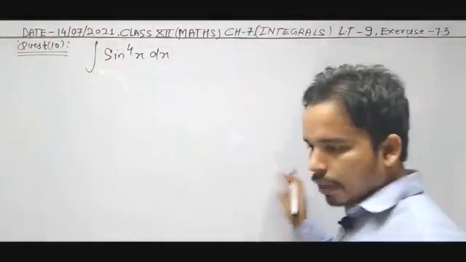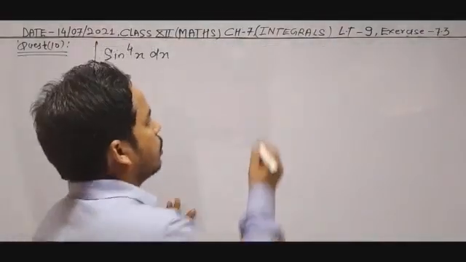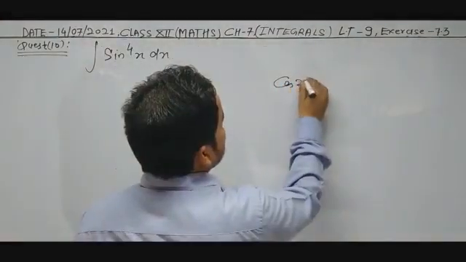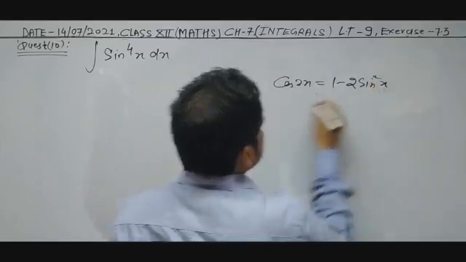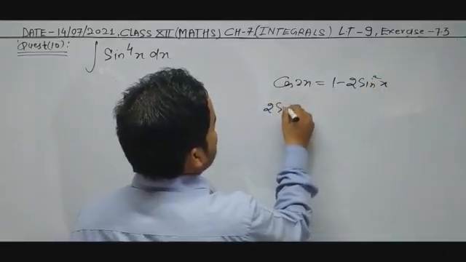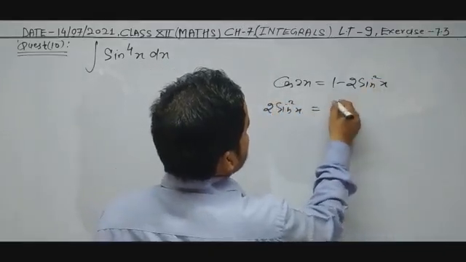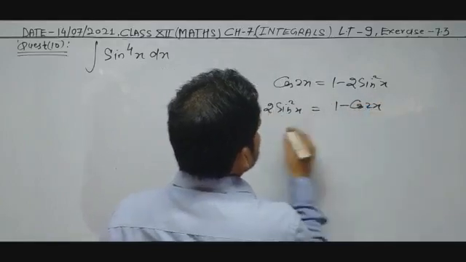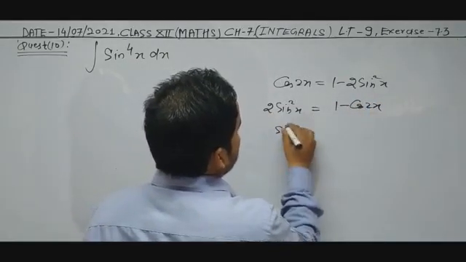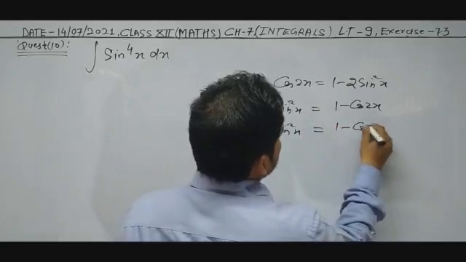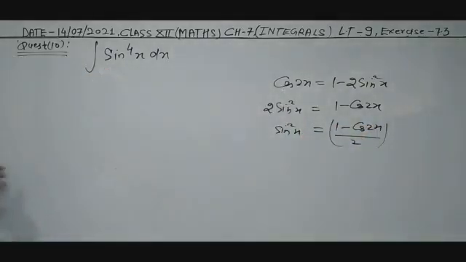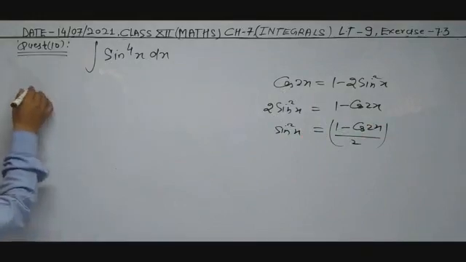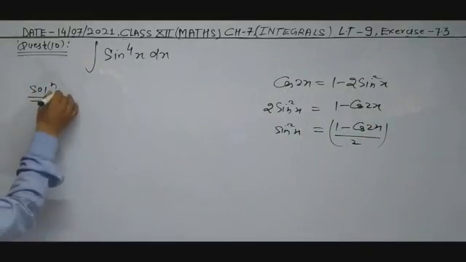So class, first of all, you know the formula. Cos 2x can be written as 1 minus 2 times sine square x, and 2 times sine square x is 1 minus cos 2x, so sine square x can be written as (1 minus cos 2x) by 2. Now at the place of sine to the power 4x, first of all write the solution.